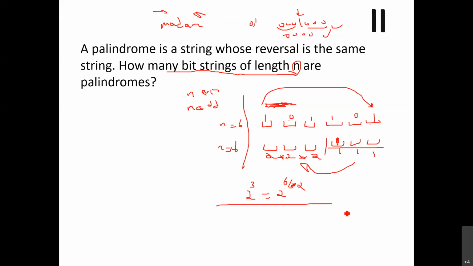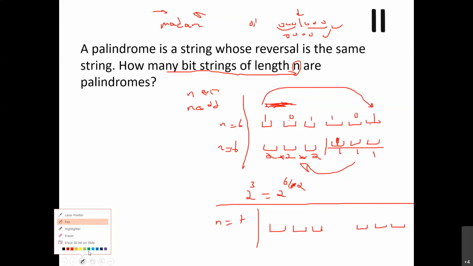We don't care. But what happens if n is odd? So n is 7. Again, these spots are going to be symmetrical to these. But you have one more in the middle. And this one doesn't care about the right or the left. It's on its own, right?